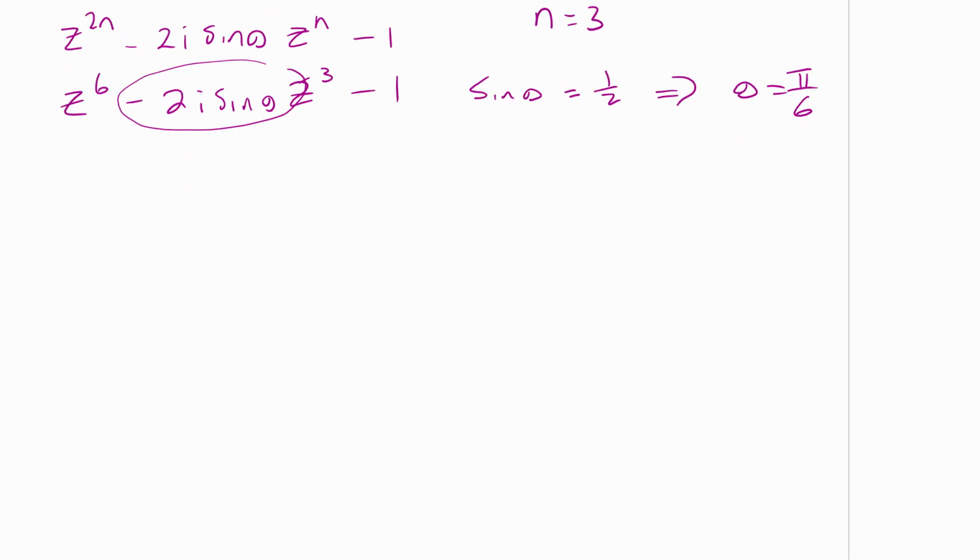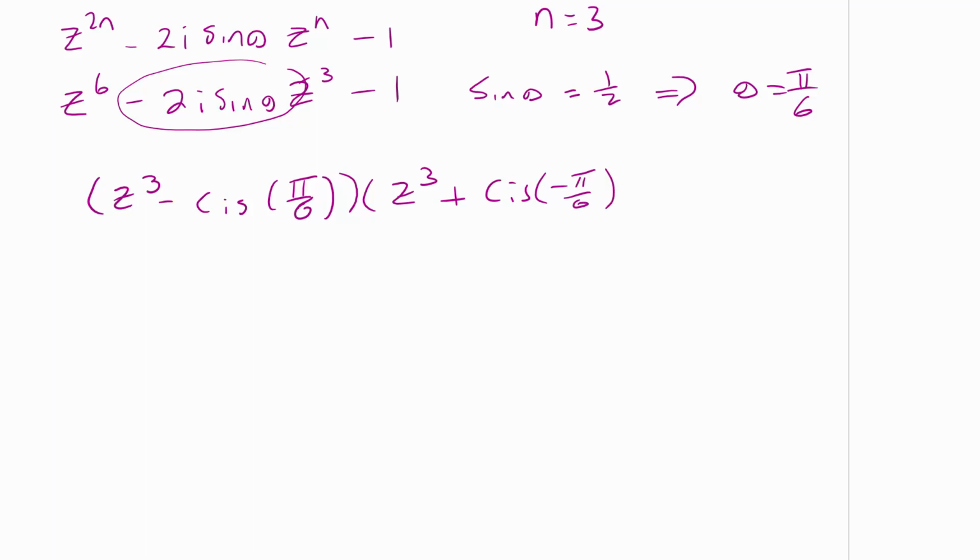So now let's use the factorization from part A. We'll get (z cubed take away cis pi by 6) and (z cubed plus cis negative pi by 6), and that's going to be equal to 0.